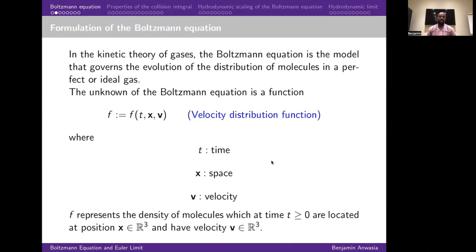This velocity distribution function changes as a result of two processes, namely free streaming or free transport of the molecules, and collisions between the molecules.